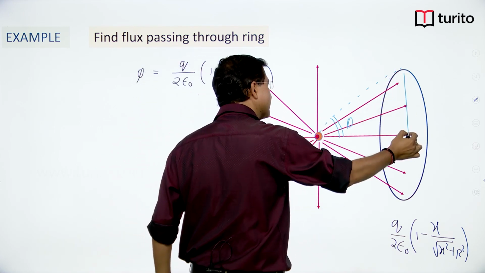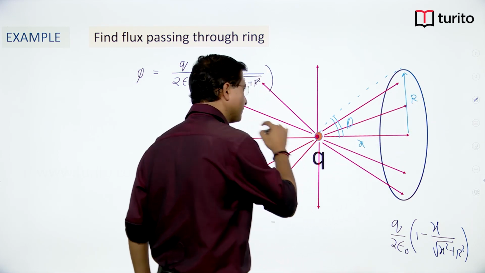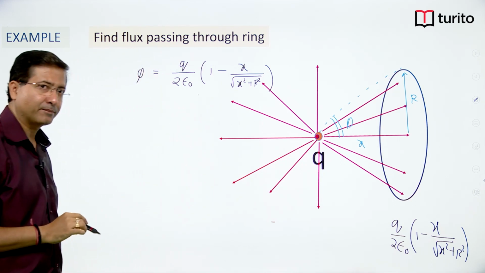This is radius capital R, and this is the point where the point charge is kept.